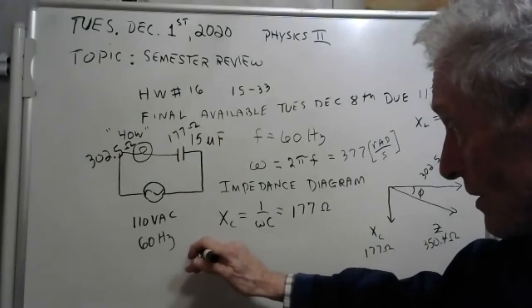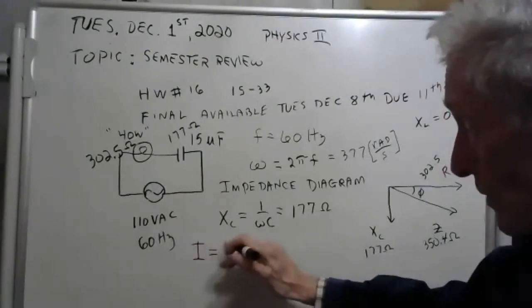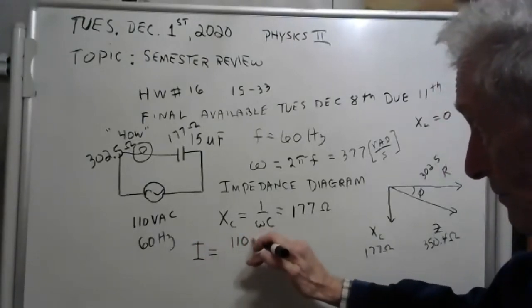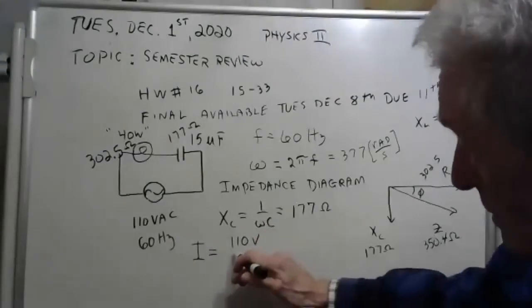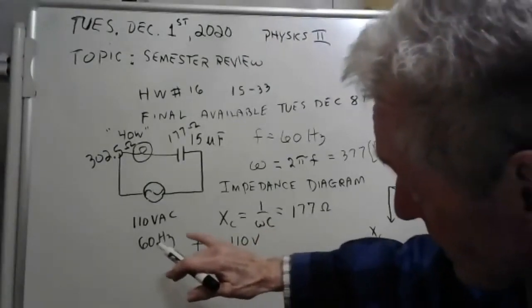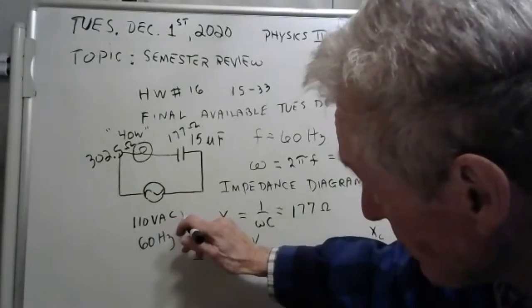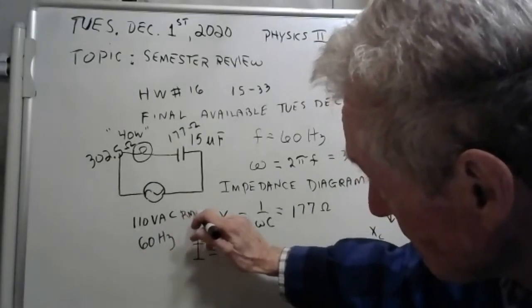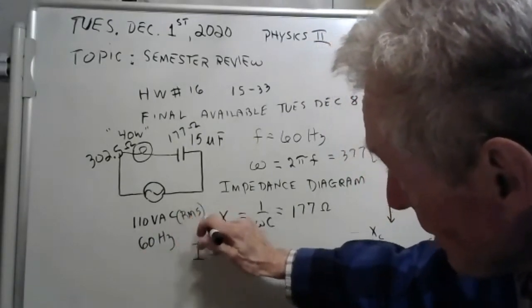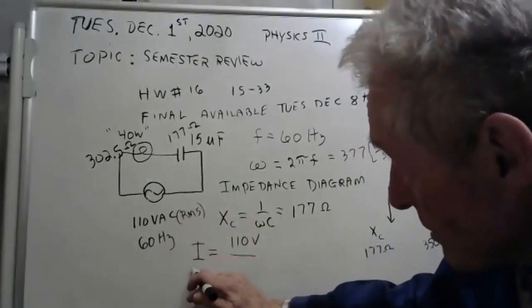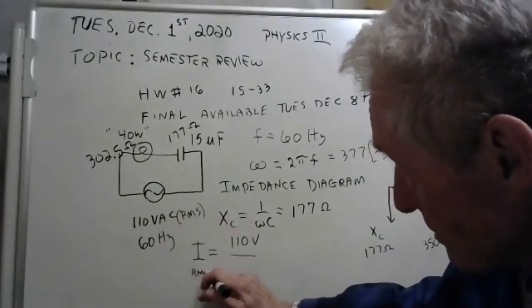Here goes. The current is going to be 110 volts. Now, you got to understand that's RMS. When they say 110, that's RMS. And so this current is going to be RMS.